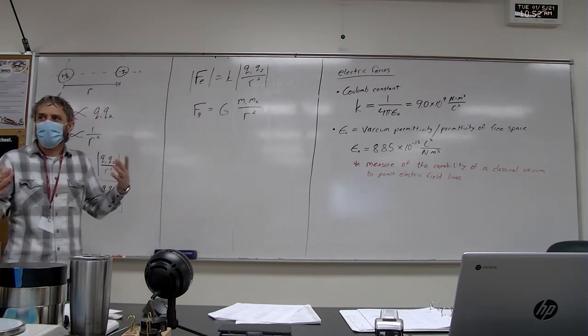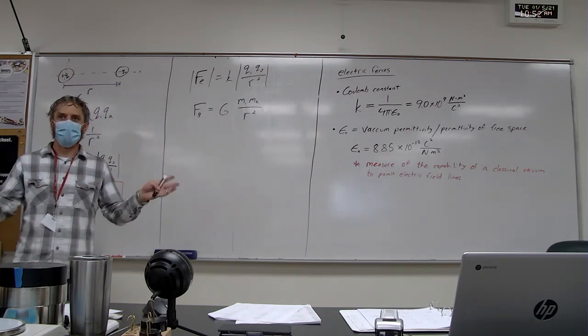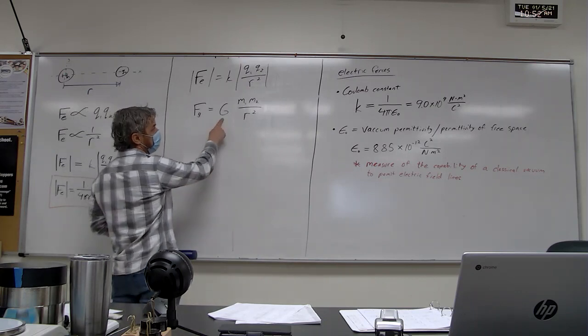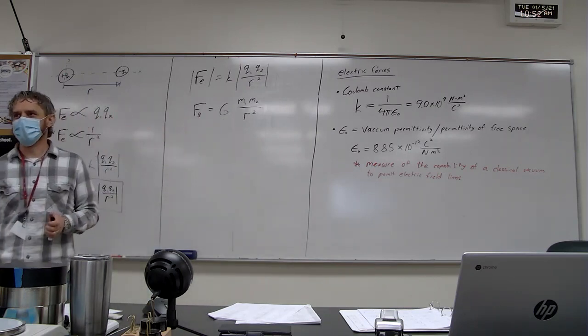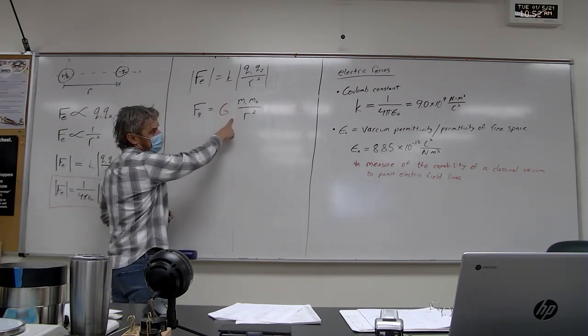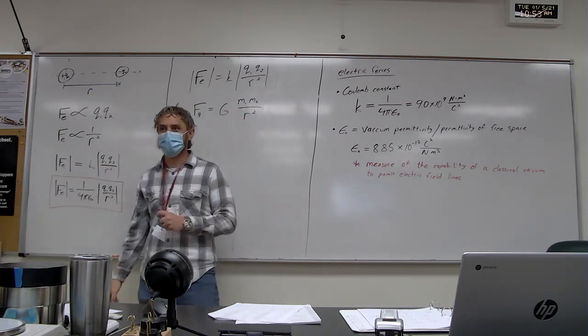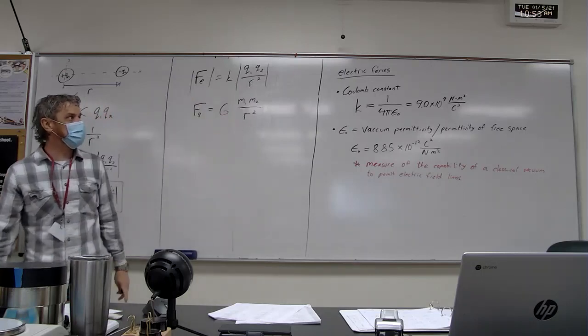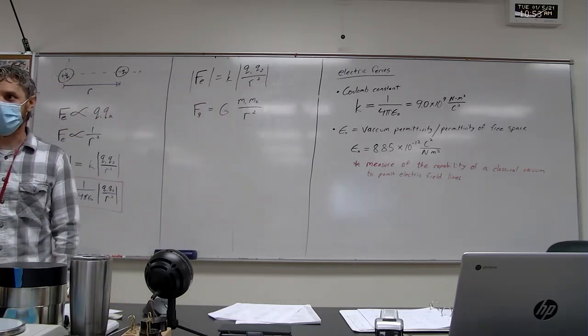We're talking pound for pound strength of these forces. G is 6.67 times 10 to the negative 11th. K, and that's newtons times meter squared per kilogram squared, right? That's what G is measured in. K is measured in newtons times meter squared per coulomb squared.